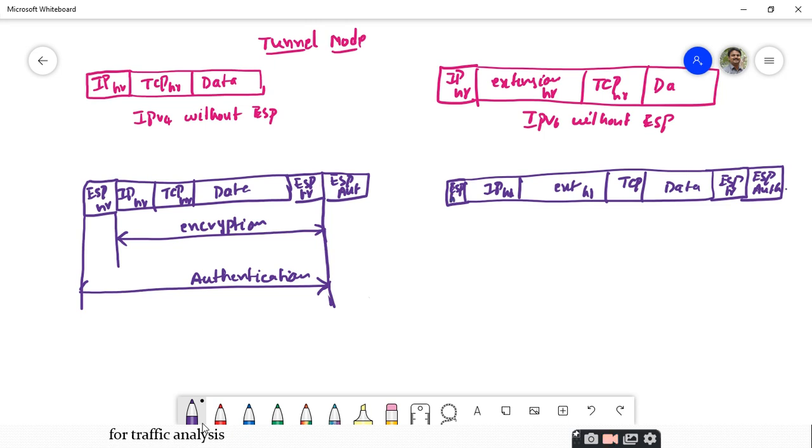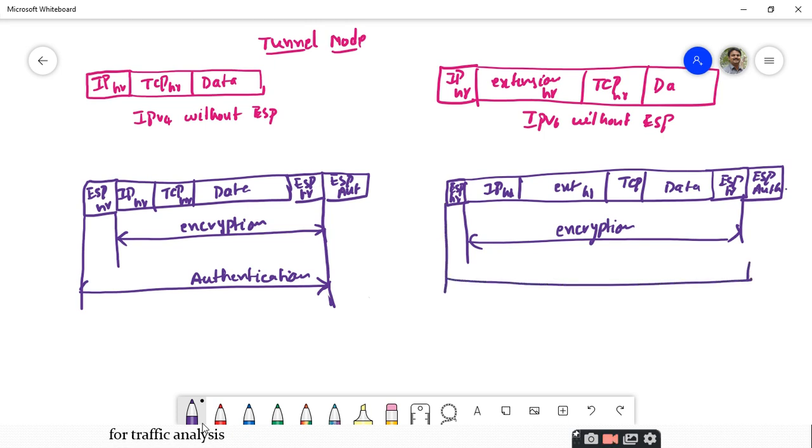And we know that encryption happens from here to here. And the authentication happens from the authentication header, that means the ESP header, to the ESP trailer. That is the simple thing you should understand.